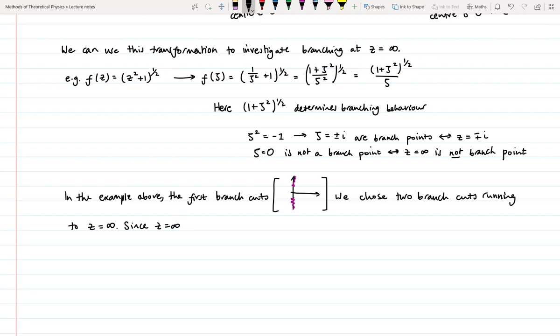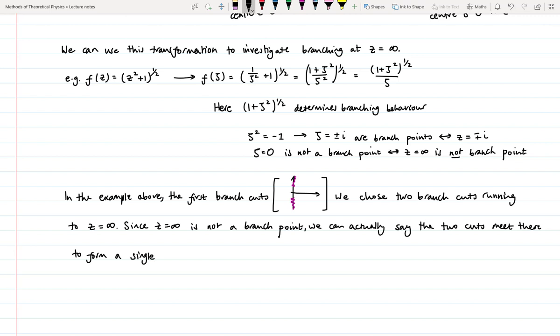Since z equals infinity is not a branch point, we can actually say the 2 cuts meet at z equals infinity to form a single cut from plus i to minus i.